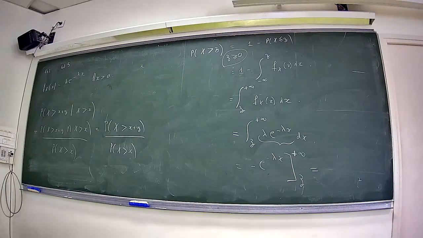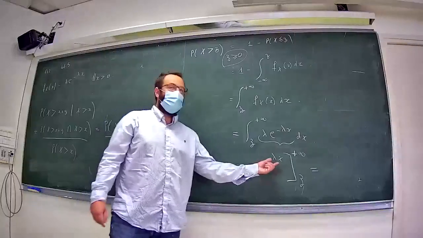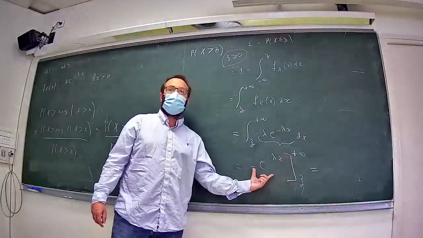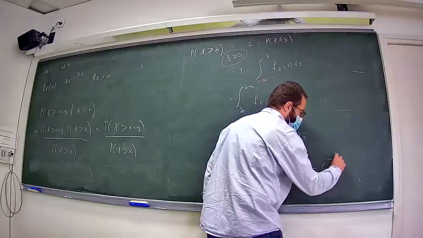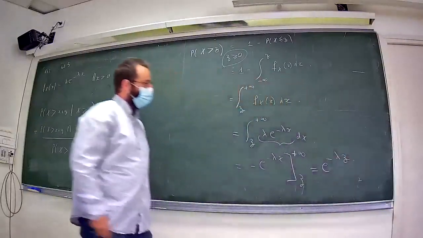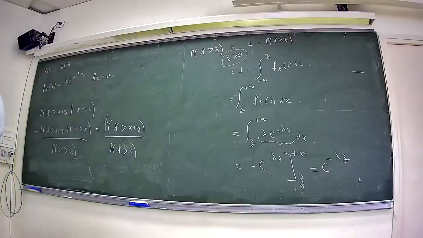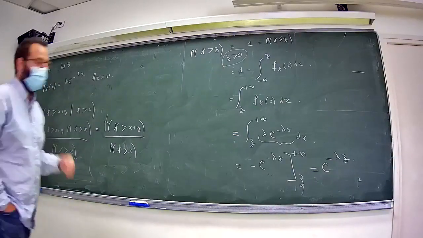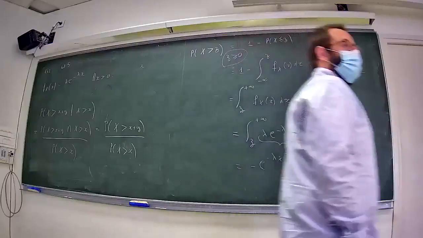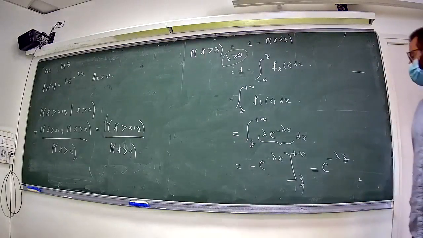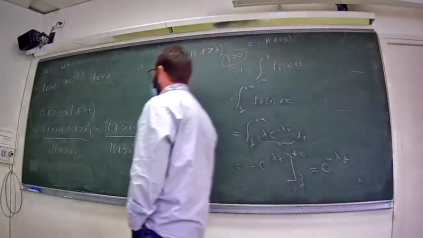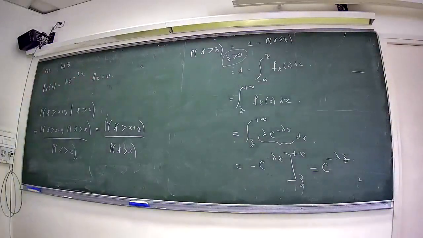Zero, because I have a negative exponential, my lambda is strictly positive, so in plus infinity this one is 0. And I have minus, so it's just exponential minus lambda z. I am in the easy situation where, in order to compute an integral here, I know the primitive, so I compute easily the integral. In the discrete case, I computed sums. In the case with density function, I will compute integrals.